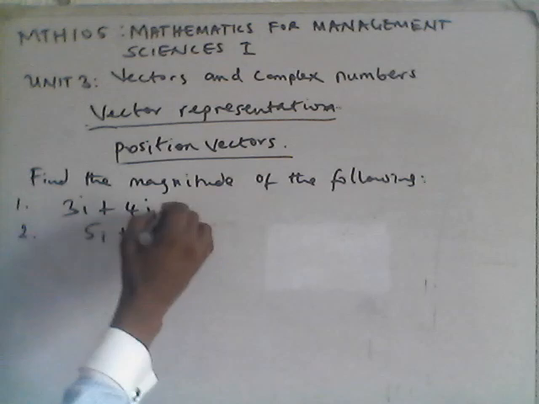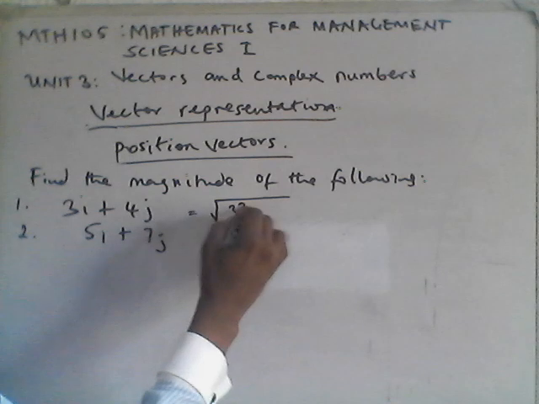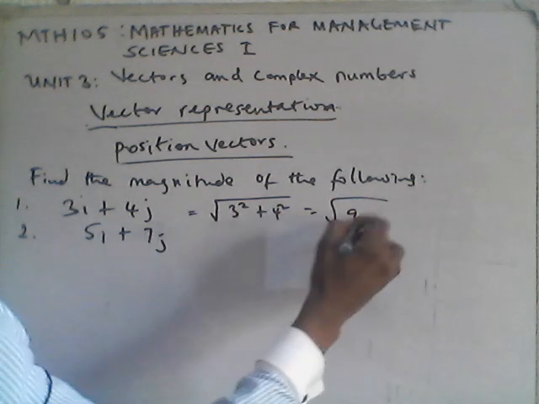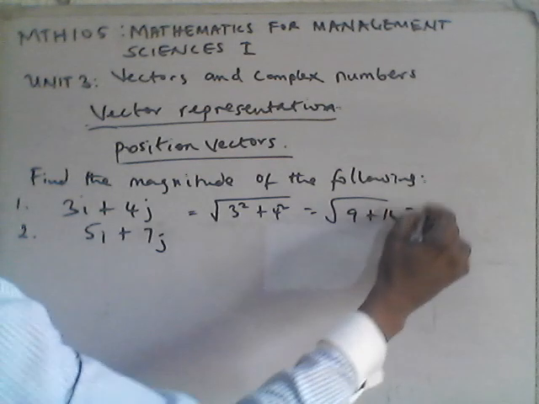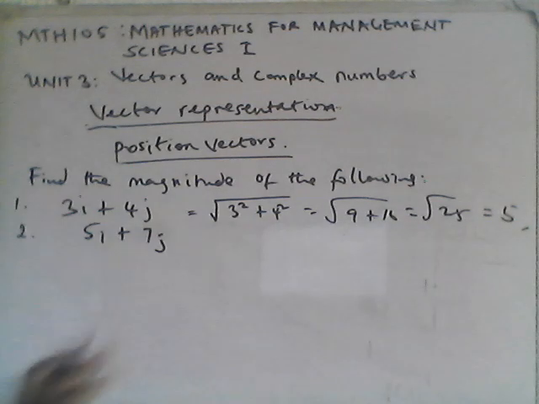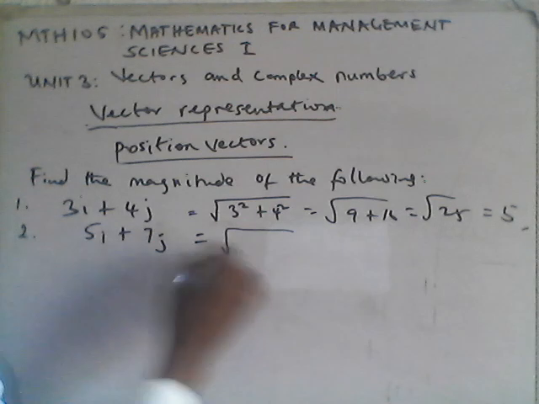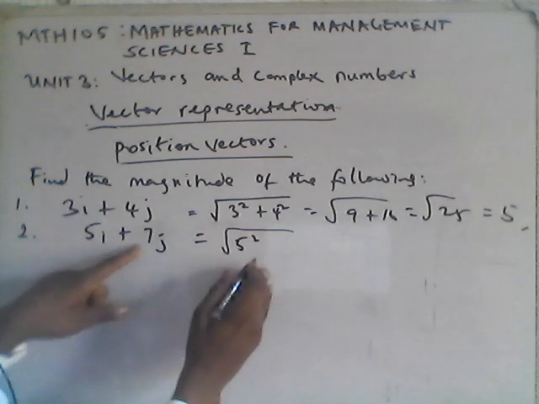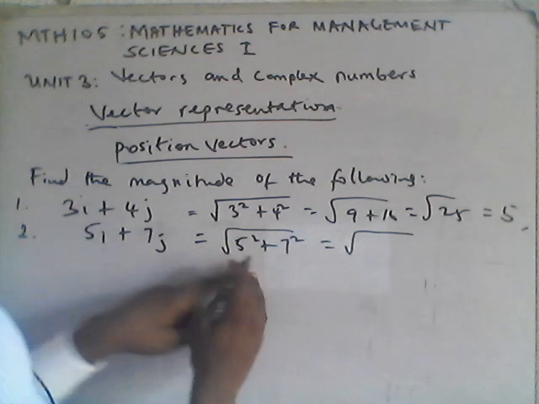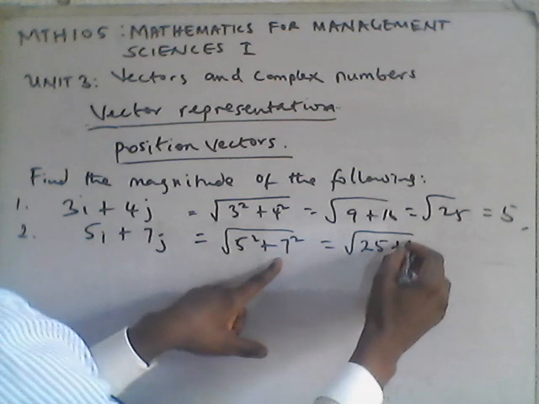Okay, so for the magnitude of this vector, I'll just say the square root of 3 squared plus 4 squared, which gives me 3 times 3 is 9 plus 4 times 4 is 16. That is 25. If you take the square root, it is 5. So number one is 5. Number two, the square root of the x component, 5 squared, plus the y component, 7 squared, is equal to the square root again. 5 squared is 25 and 7 squared is 49.